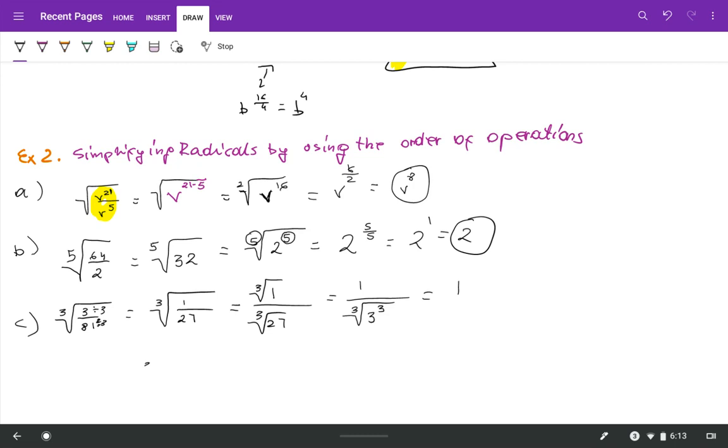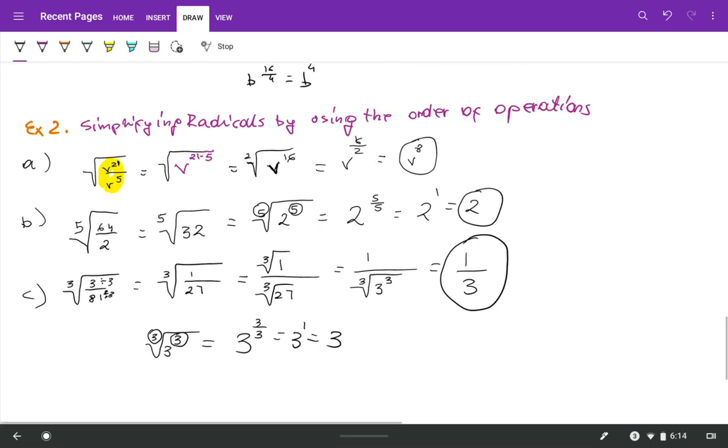So I have 1, and then cube root of 3 to the third power. We can rewrite it as 3 to the power of 3 divided by 3. So this is 3 to the power of 1, which is just 3. So we have 1/3 as a final solution.